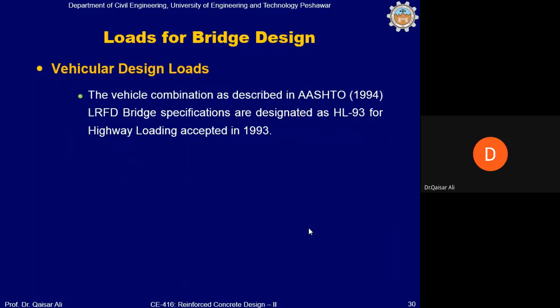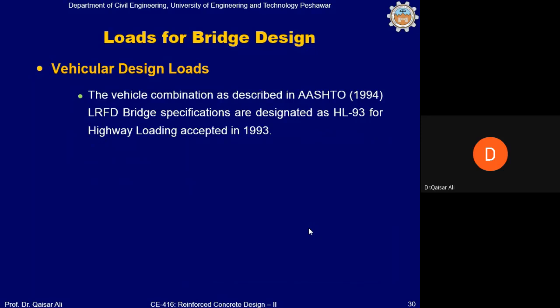LRFD is basically like the strength design method in buildings, because of load and resistance factors. Load factors are 1.2 and 1.5 and so on, and resistance factors are less than 1: 0.9, 0.85, 0.75, these factors which are applied on the strength.